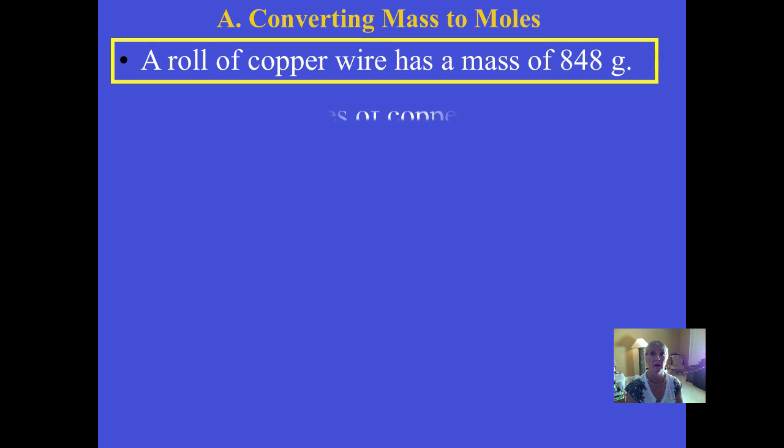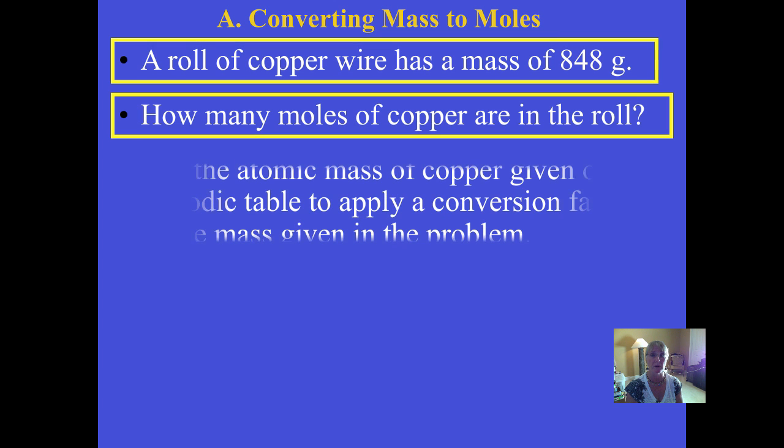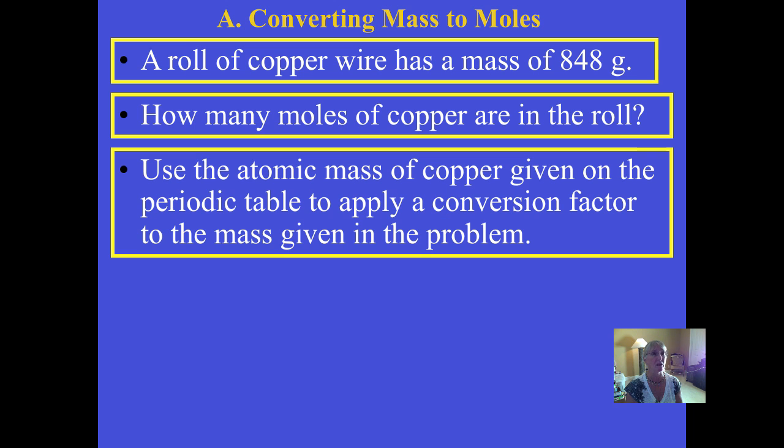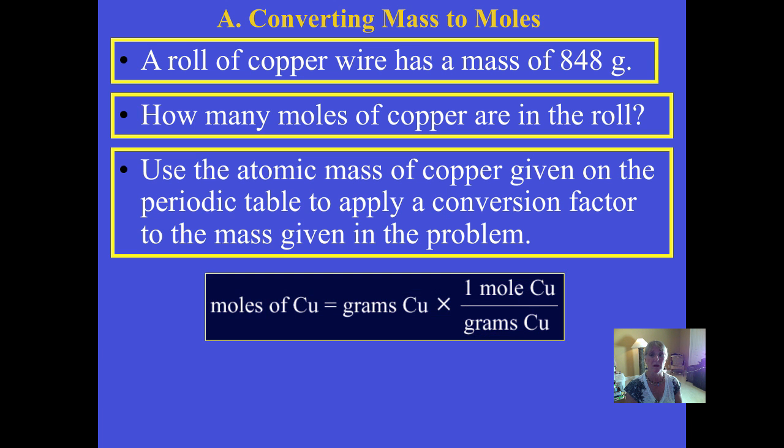Very simple. When I find copper on the periodic table, I'm going to need a conversion factor to take 848 grams of copper and convert that into moles. So I go to the periodic table, and I'll discover that copper has a mass in atomic mass units, and all I need to do is change it into grams.